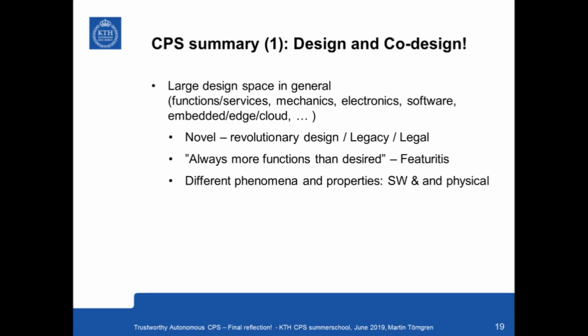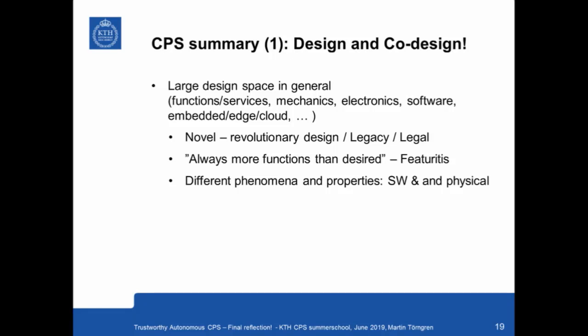So basically, we will always have more functions than we want, but we should do what we can to avoid the featureitis. And then I mentioned in my first lecture the different types of complexity. So in the software domain, the state space, the connectivity, the resource sharing through the computing systems, and in the physical systems, the different types of physical phenomena and how they interact.